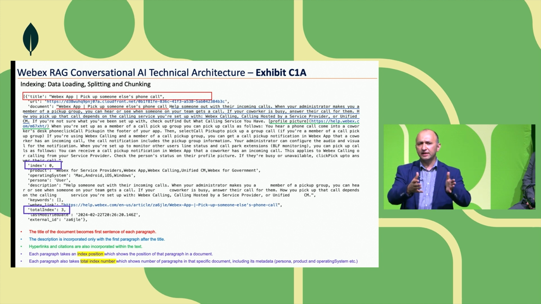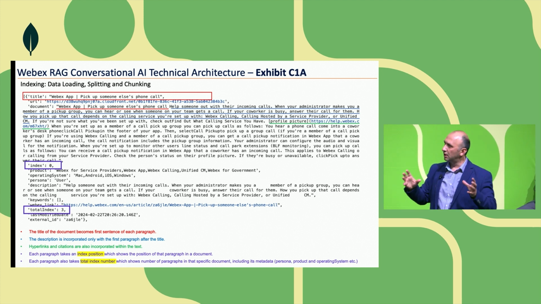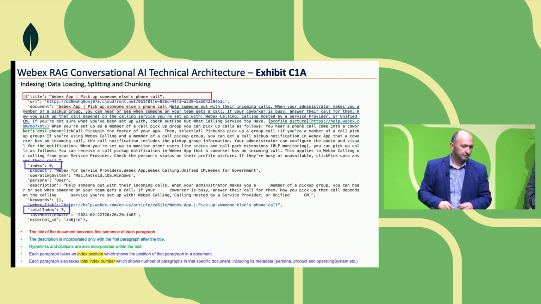It is different than the parent-child approach the industry uses right now. This is solely created by ourselves. So our approach is to not only go with a specific paragraph, but take into account one previous and one after paragraph as well, and then combine them.